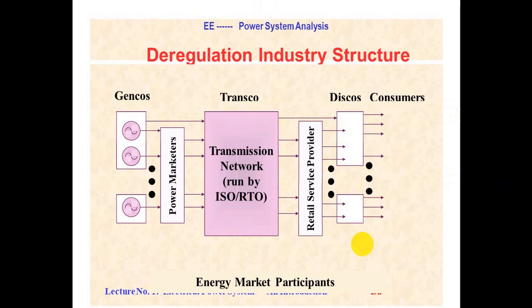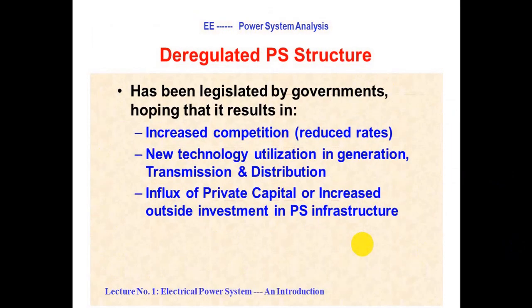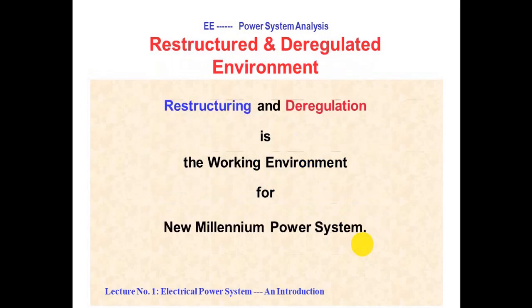So this is the kind of structure which has been legislated by the government, hoping that it results in increased competition, reduced rates, new technology utilization in generation, transmission, and distribution, and an influx of private capital, or increased outside investment in power system infrastructure. So restructuring and deregulation is the working environment for the new millennium power system.